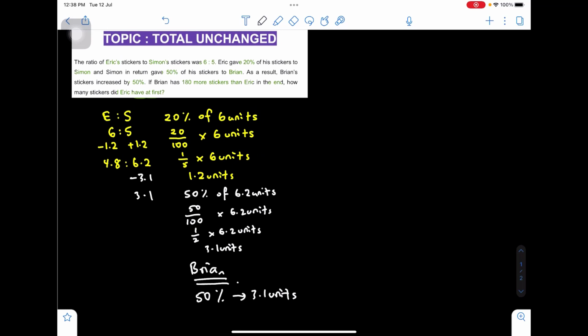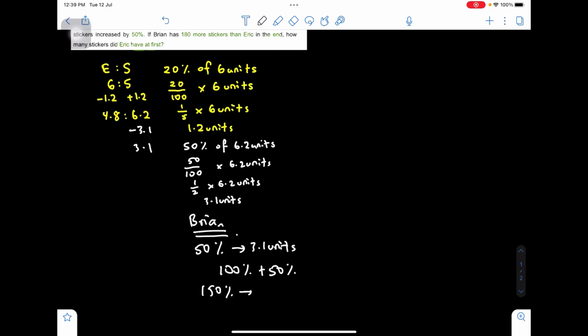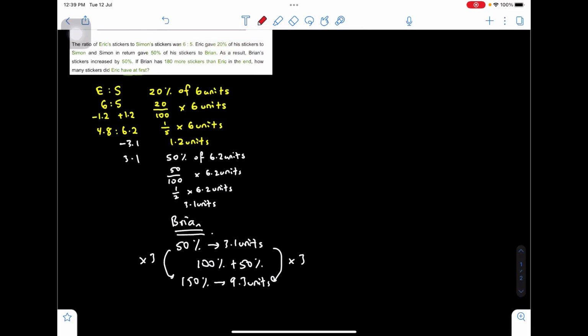And when I say it's increased by 50%, it means the final percentage will be 100% plus 50%. The final percentage is 150% for Brian. So how do you go from 50 to 150? Times by 3. 3.1 times 3 is 9.3 units. So I know for a fact that Brian has 9.3 units of stickers at the end.